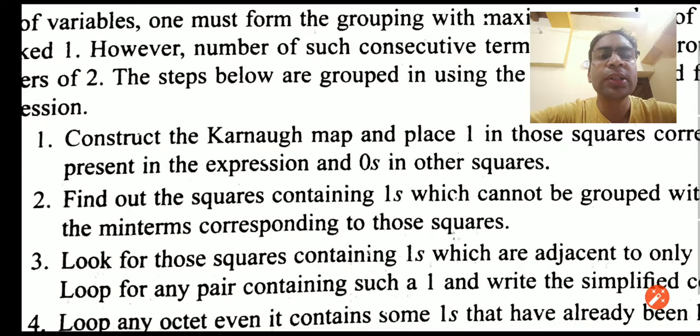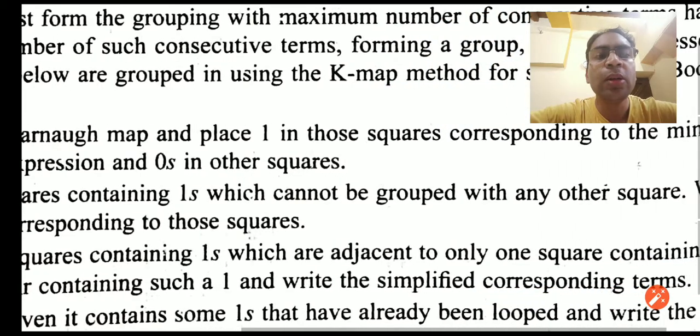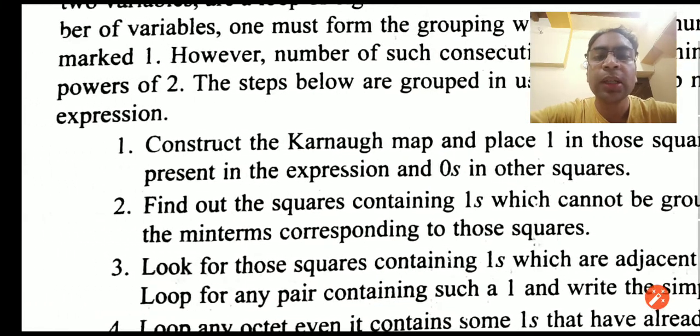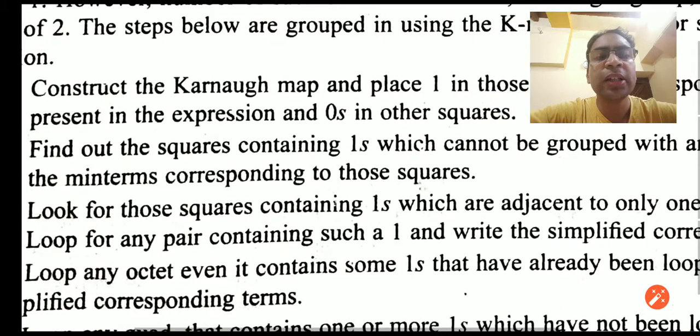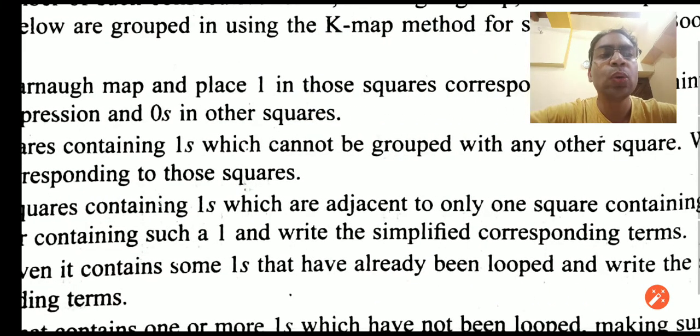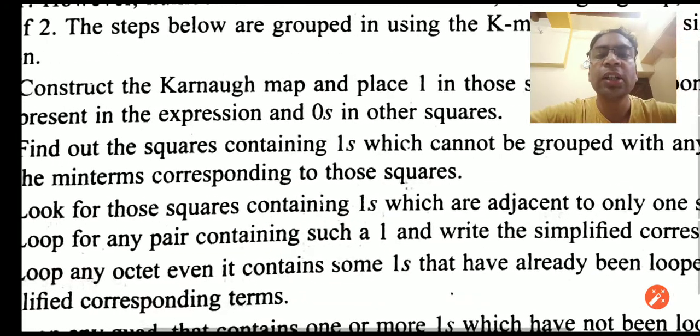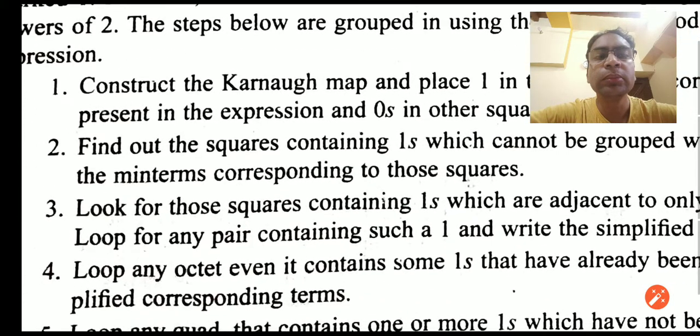Find out the squares containing ones which cannot be grouped with any other square, and write the min terms corresponding to those squares. So we'll start with those ones which cannot be grouped with any other ones. They will form singletons, and we'll mention those min terms according to those squares. Now look for those squares containing ones which are adjacent to only one square containing a one, and write the min term corresponding to these squares.